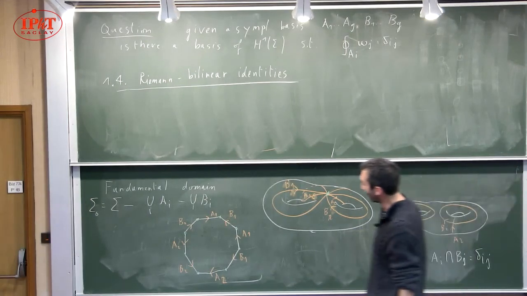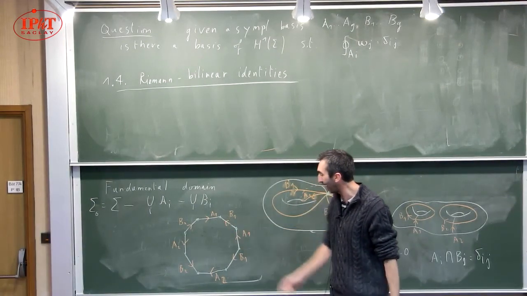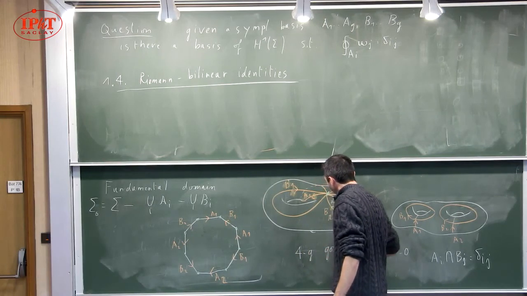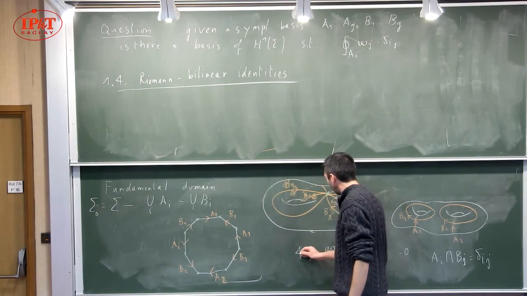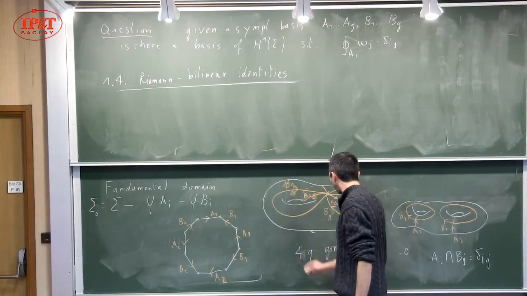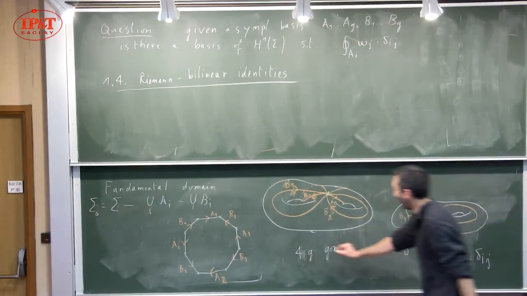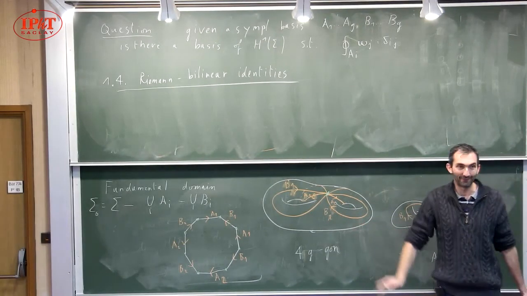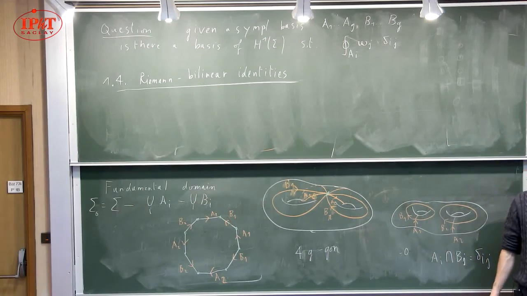So any genus G surface can be obtained by gluing the sides of a 4G-gon, like a torus can be obtained by gluing the sides of a rectangle.